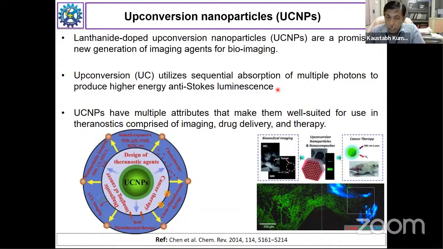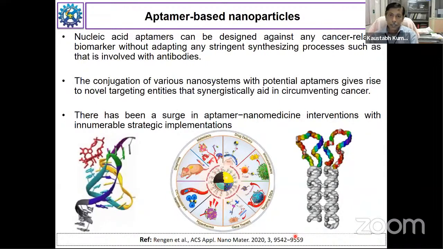Upconversion nanoparticles are mostly lanthanide-doped particles, which have a sequential absorption of multiple photons at lower energy that can produce higher energy anti-Stokes luminescence. From that, if you use higher energy sources, then we can modulate the imaging features in either the visible range or the UV range. And another term, I think all of you have heard about, is aptamers.